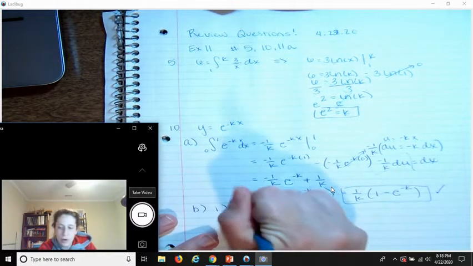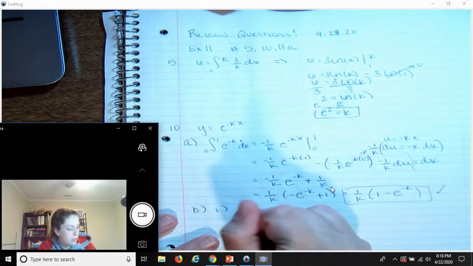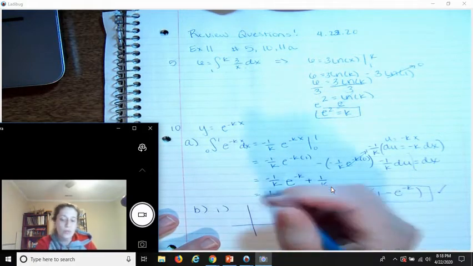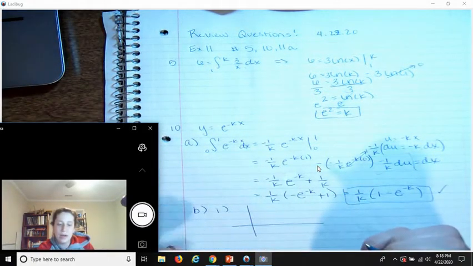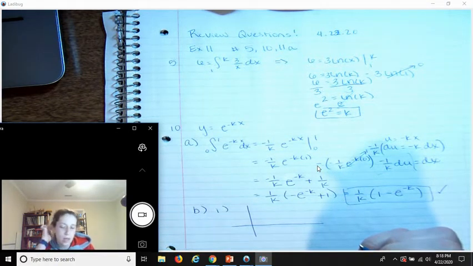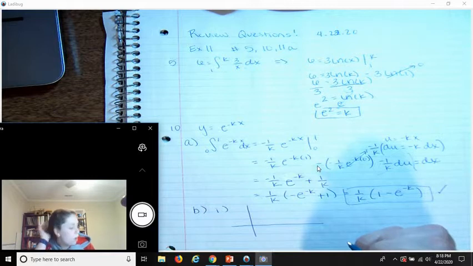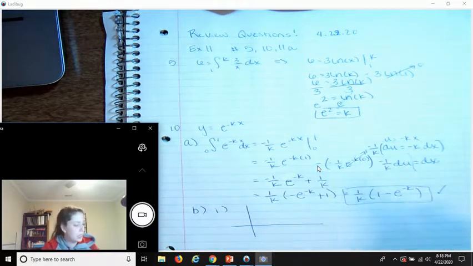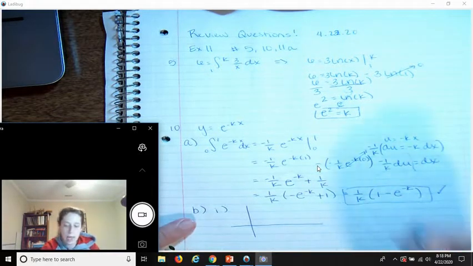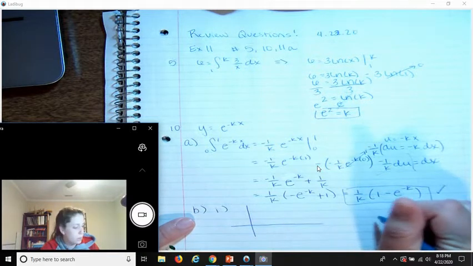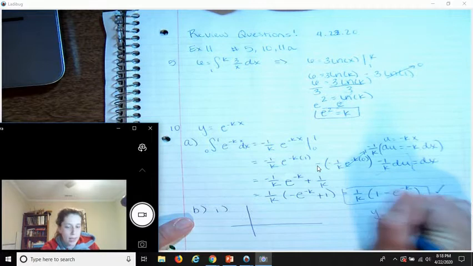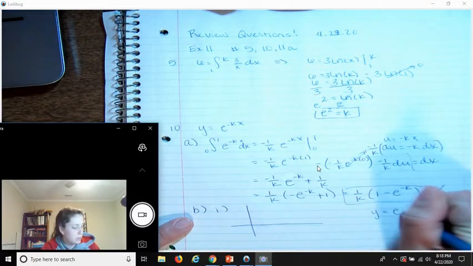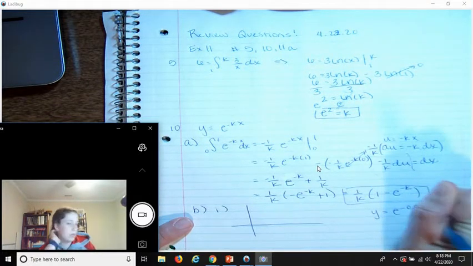And I don't remember if this was calculator active or not, but all you really need to know is, I didn't make a table for this one. I made a table for the next part, I think. So if you sub in our k is 0.5, so y is equal to e to the negative 0.5x.